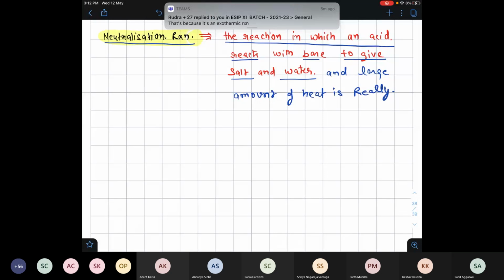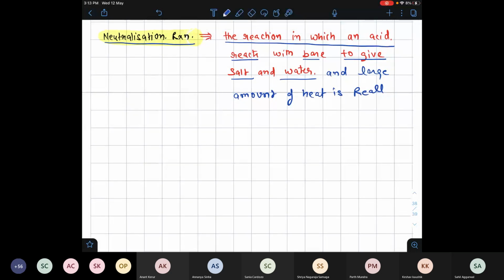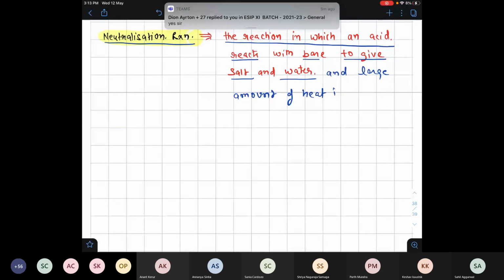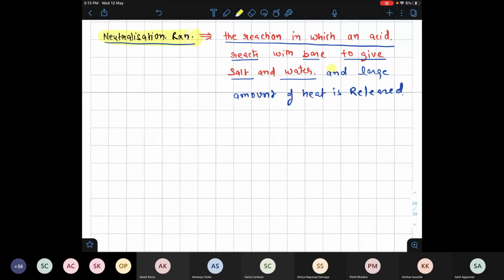Very good, Rudra. Understood. Now it is complete definition. It means reaction is always exothermic.